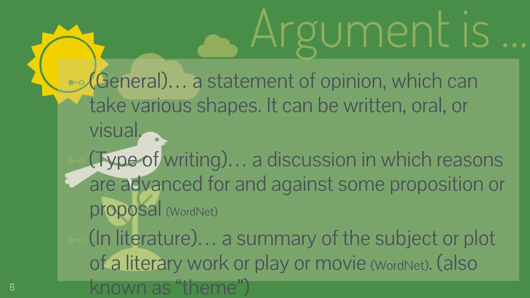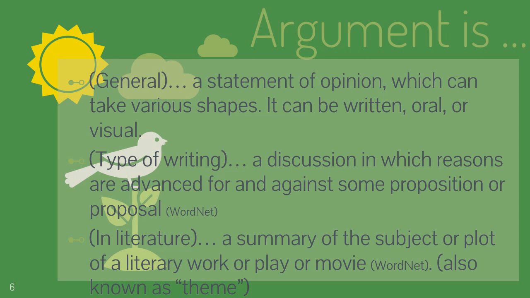The second one was we try to identify whether an argument in a text is complete or not. How do we know that? We used three elements of an argument here to understand whether an argument is complete or not. An argument that is complete needs to have a claim, evidence, and warrant.